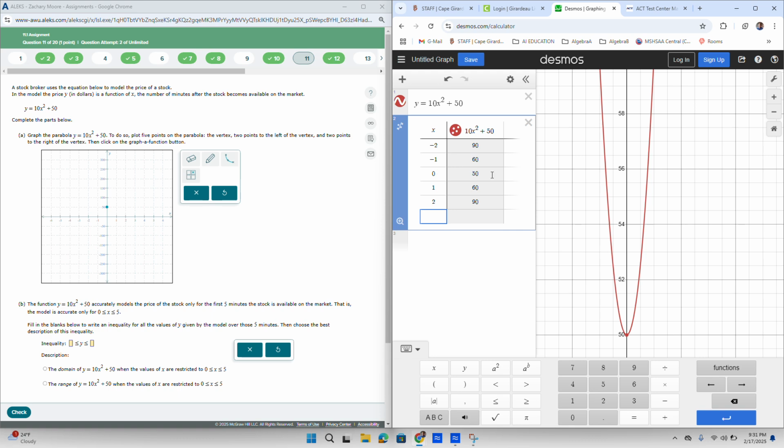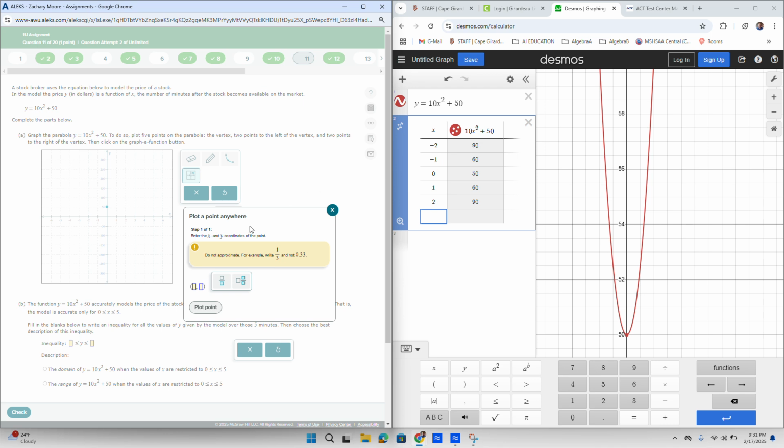So we got (0, 50). And then our next one, you can do (-1, 60). And then you can do (-2, 90). So we got these two.